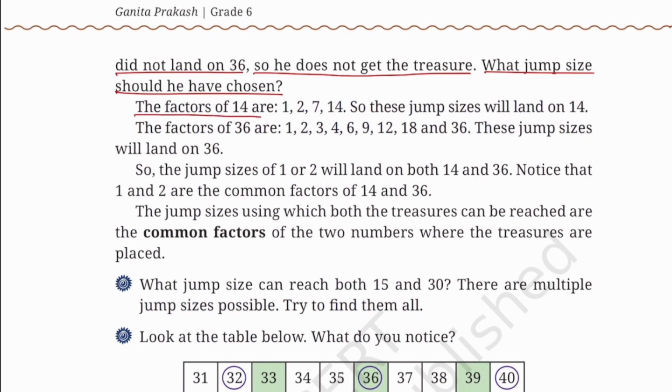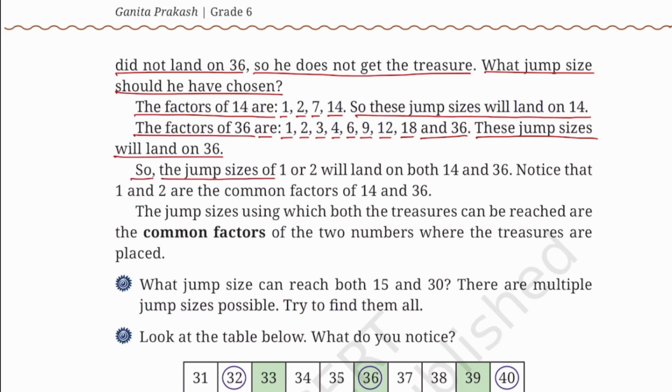The factors of 14 are 1, 2, 7, 14. So these jump sizes will land on 14. The factors of 36 are 1, 2, 3, 4, 6, 9, 12, 18, and 36 itself. These jump sizes will land on 36.